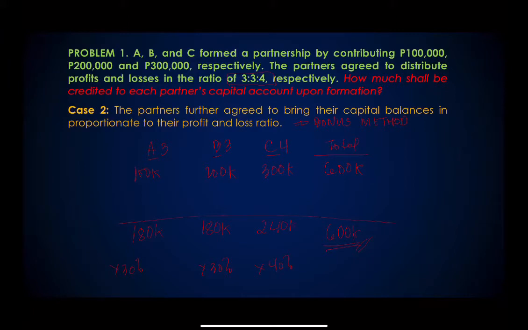So this should be the capital balances of all the partners after formation. The difference will be accounted for as bonuses.